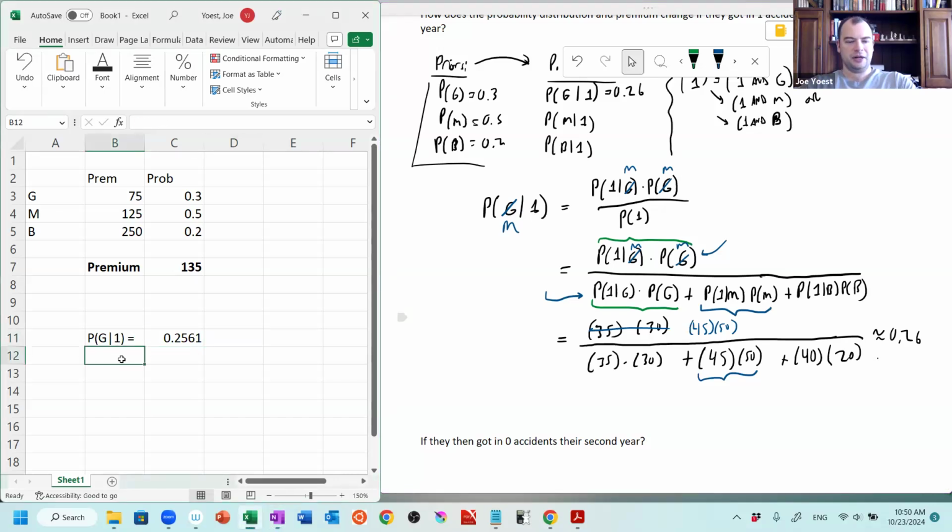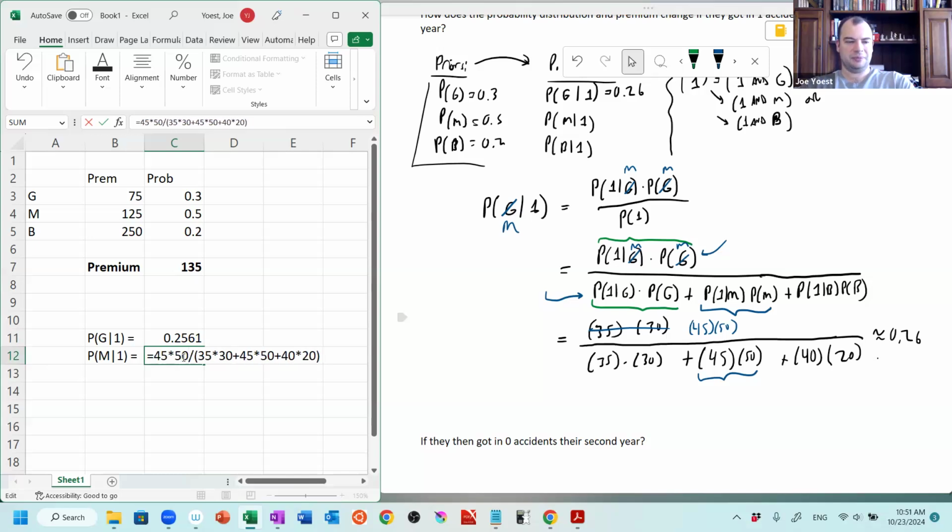So what is probability of moderate given one? Well, it's exactly this same calculation, except for my numerator, instead of choosing the first term of the denominator, the probability of one given good times probability of good, I'm choosing the second term, probability of one given moderate times probability of moderate.